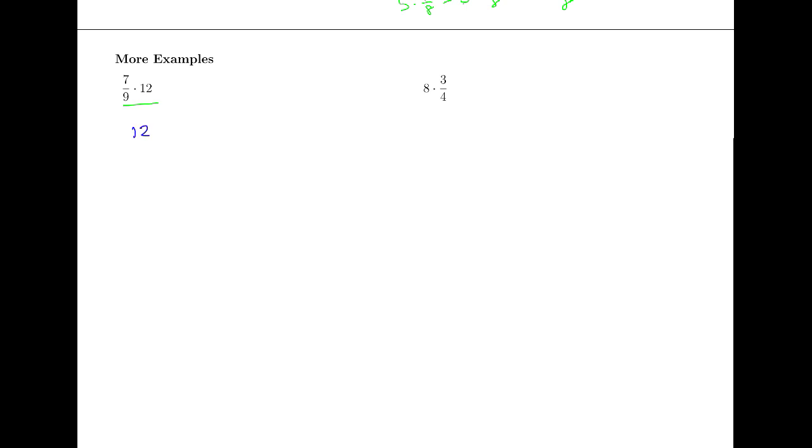If I think of this as 12 copies of 7/9, like that, which is the same as 12 times 7 copies of 1/9, or 84/9, right?